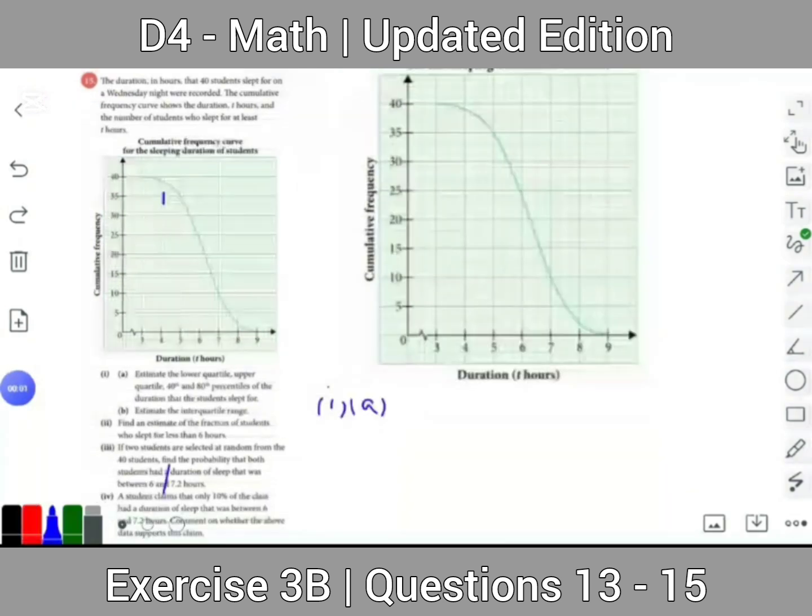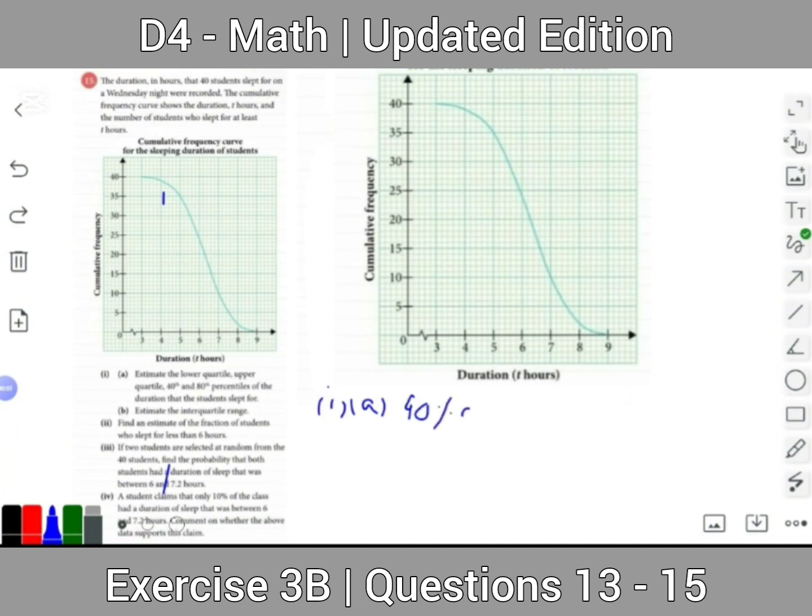To find the 40th percentile, we will find 40% of the total frequency, which was 40. So 40 over 100 multiplied by 40 will give us 16. Now we will look at the data value corresponding to the cumulative frequency of 16. So we have 16 somewhere here.